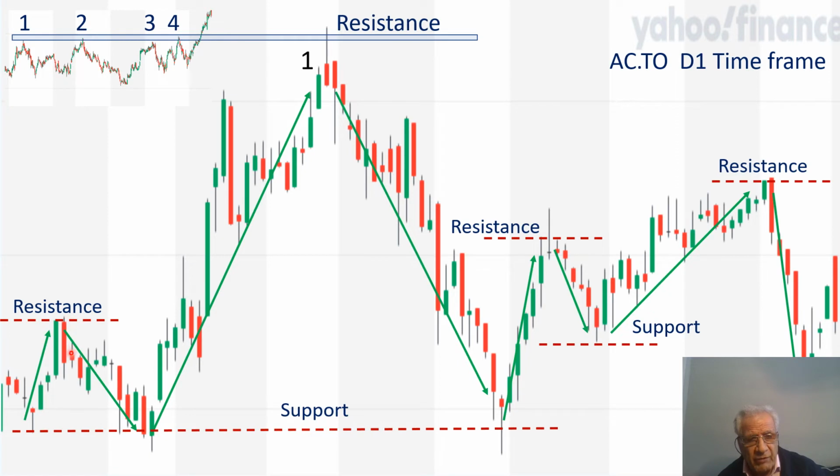This is nothing but a bearish tweezer top, and it signifies the trend reversal from uptrend to downtrend.